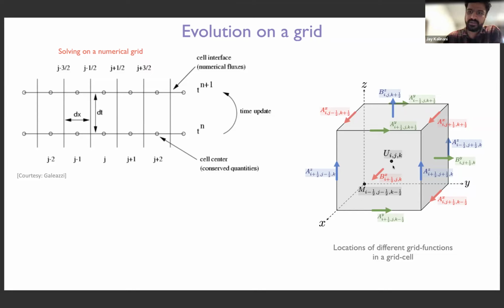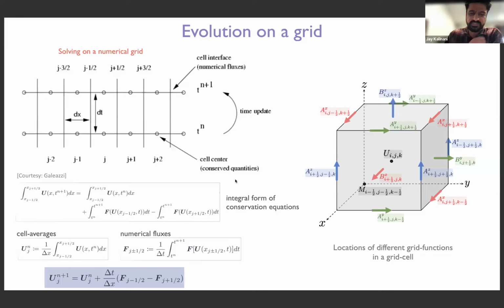For instance, here in the cell centers, you have UIJK, which essentially takes care of storing most of the hydro variables like density, velocities, etc. Here on the vertices, we typically store the spacetime variables, and also the staggering allows us to store the vector potential on the edges of a face. And then when you take a curl, for example, on this face, you immediately get the B computed on the cell face itself. And this staggering allows us to be consistent with when we want the B to be computed at the cell face.